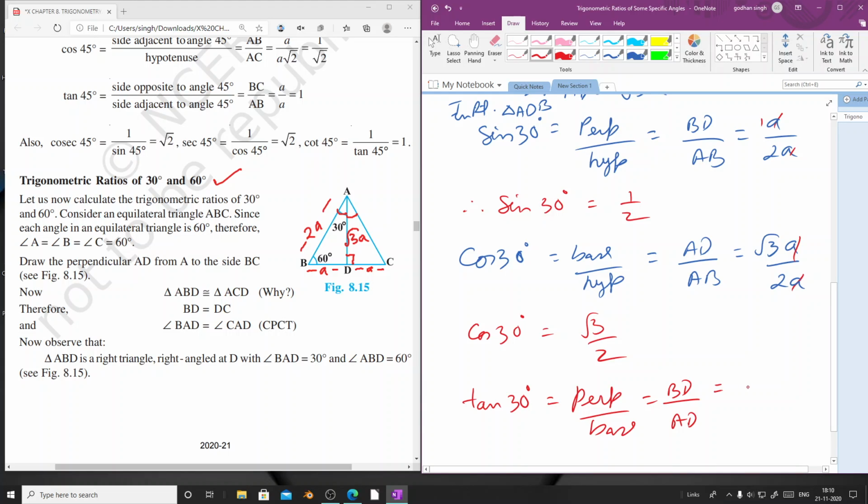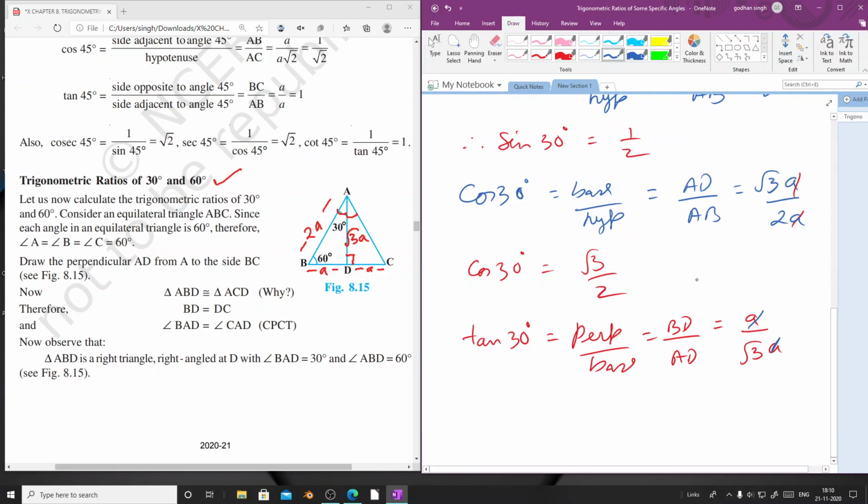So the value of BD is a and the value of AD is root 3a. Here also we can see that in both the numerator and denominator, a is common. So therefore tan 30 degree equals 1 by root 3. So this is what we have got, tan 30 degree as 1 by root 3.